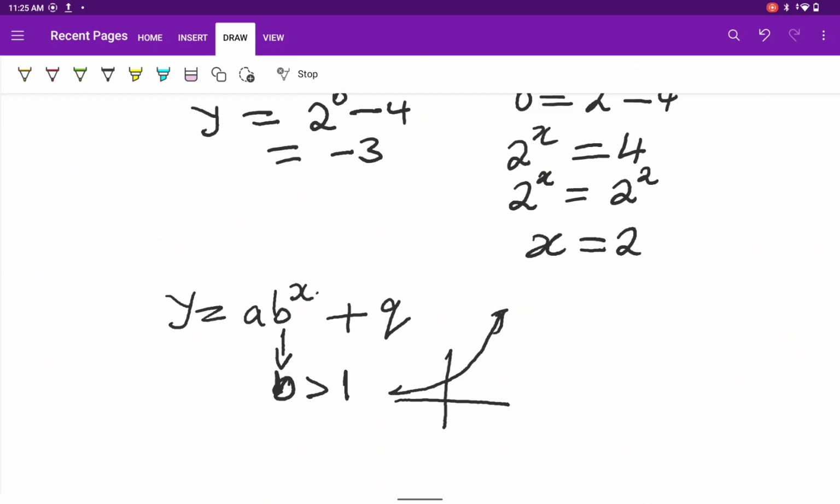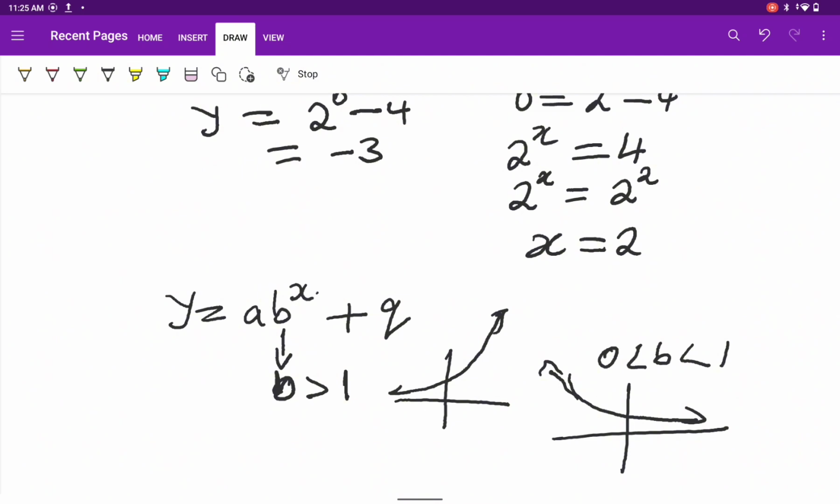But if b is less than 1, let's say between 0 and 1, then our graph is going to be a decreasing function like that. So we need to understand this.